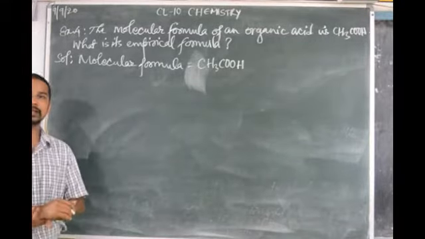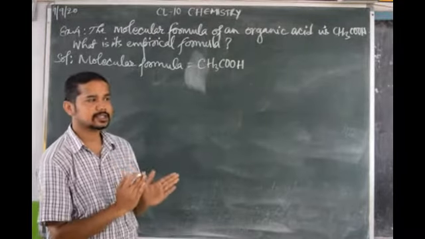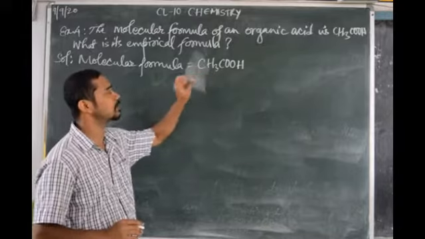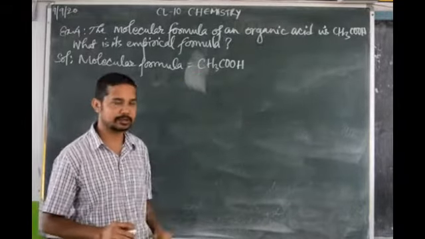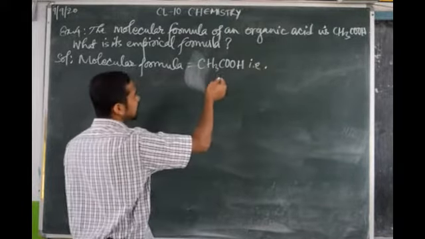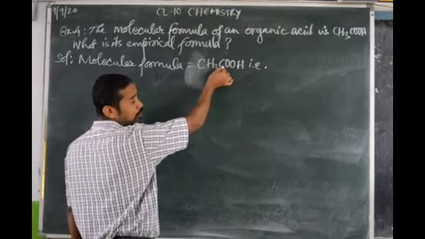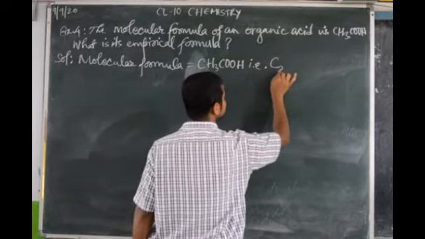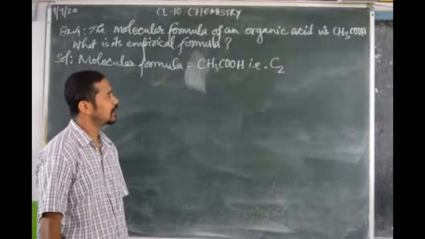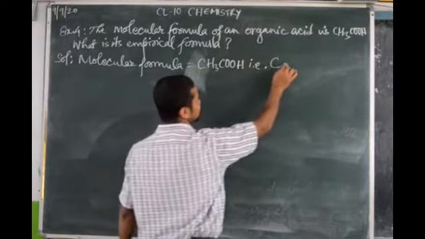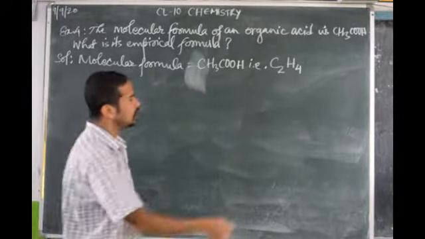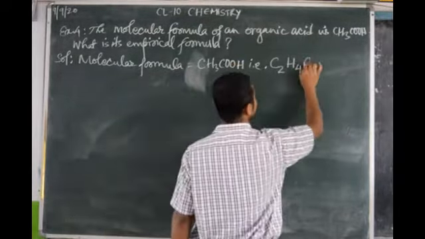Now, in order to find the empirical formula, you just count how many atoms of each particular element are present in the molecule. How many carbon atoms are there? 1, and here also 1. So the total number of carbon atoms is 2, C2. Then how many hydrogen atoms are there? 3 and 1, so 4. So we write H4. And then oxygen, how many? O2.